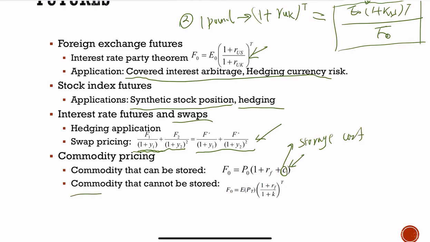And there are also some commodities which cannot be stored or you don't want to store it. In this case, we will use the modern portfolio theory to find out how the futures price is related to the expected spot price.